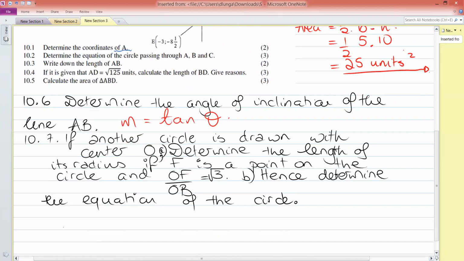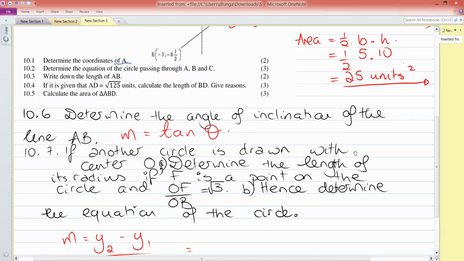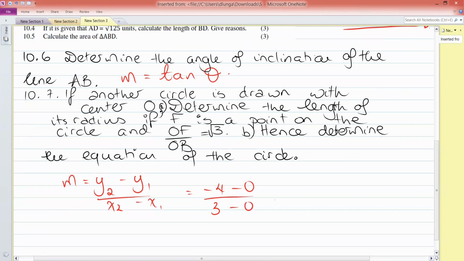So gradient, y2 minus y1 over x2 minus x1. I'm going to label the 3 as my x2, that's y2, and then that's x1, y1. So negative 4 minus 0, and then 3 minus 0. So my gradient here is negative 4 over 3.